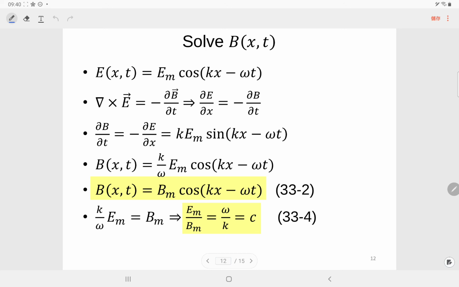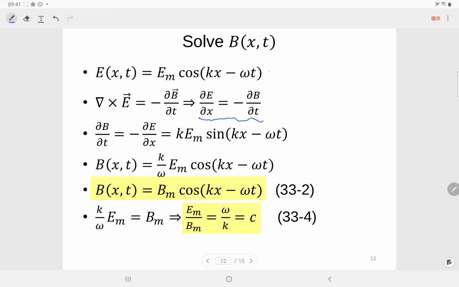So making use of Faraday's law, we substitute this solution into this one, and then we consider the one-dimensional case. So it is nothing but partial E partial x equals minus partial B partial t.